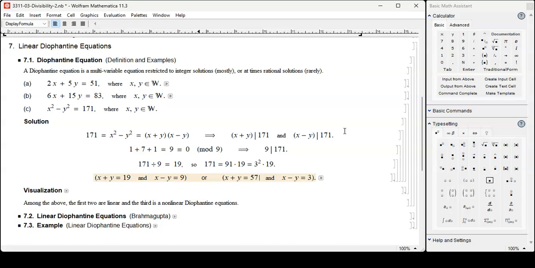Okay, 57 times 3. Only those solutions. So the bigger factor is x plus y, the smaller factor is x minus y. So 19 times 9, or 57 times 3. So what do we have? We have basically two systems of linear Diophantine equations.